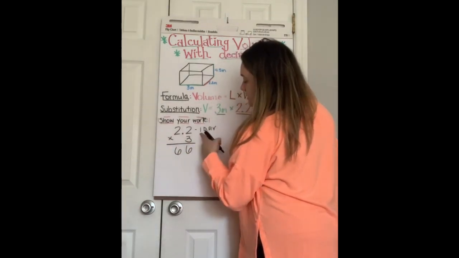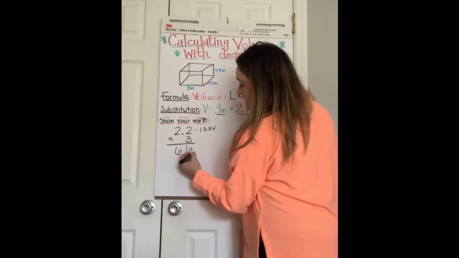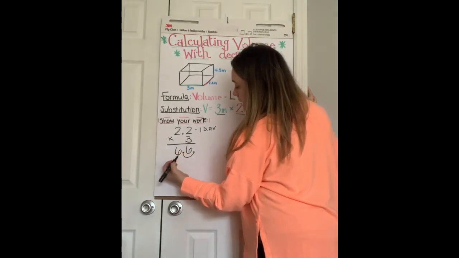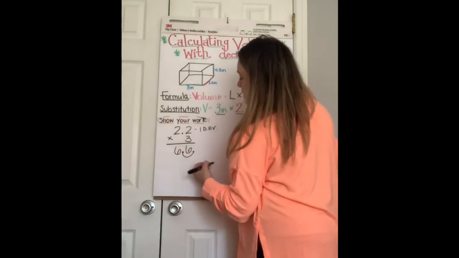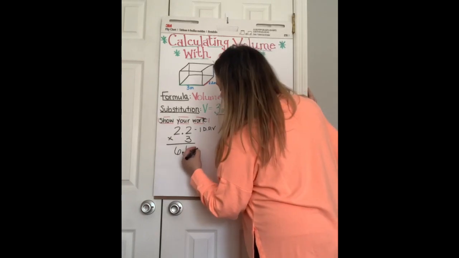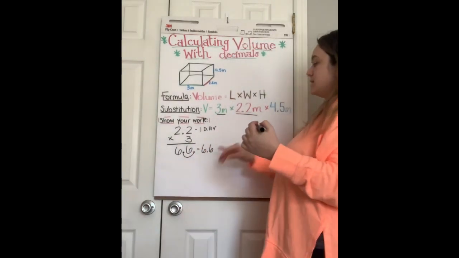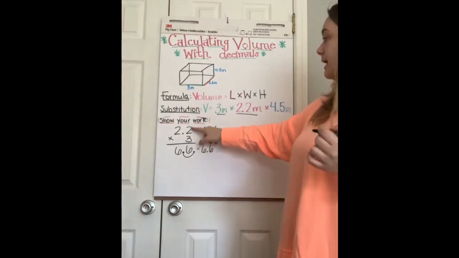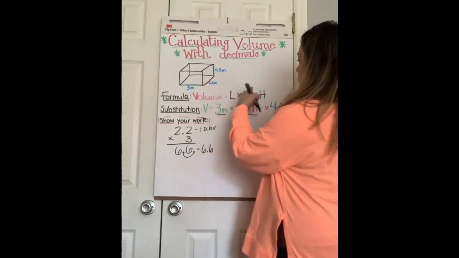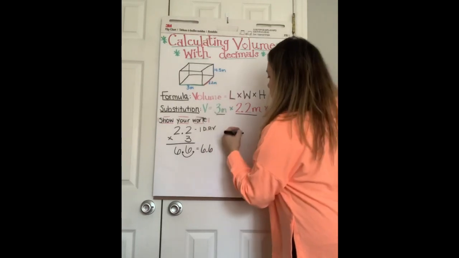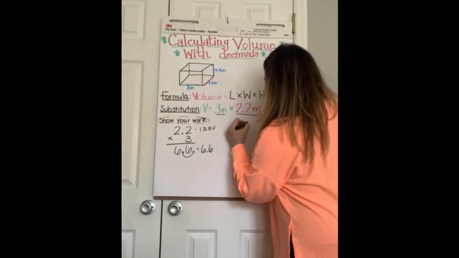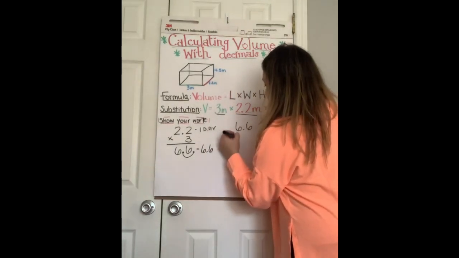So I get 66, but I have 1 decimal place value, so I'm going to move my decimal 1 place in, and my product is 6 and 6/10. Now I'm going to take the product of the length times the width, and multiply by the height, which is 4 and 5/10.